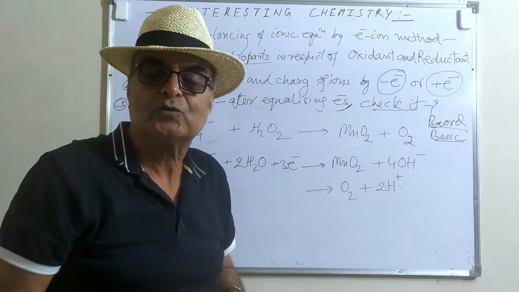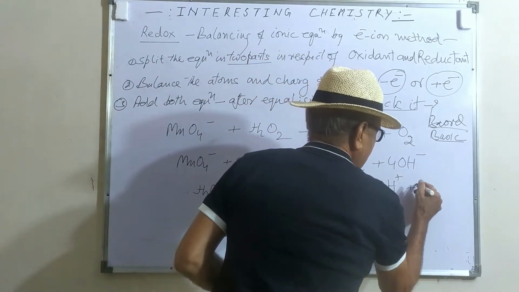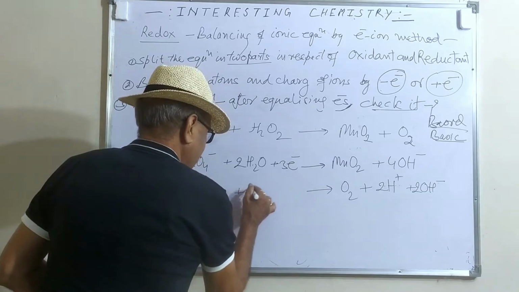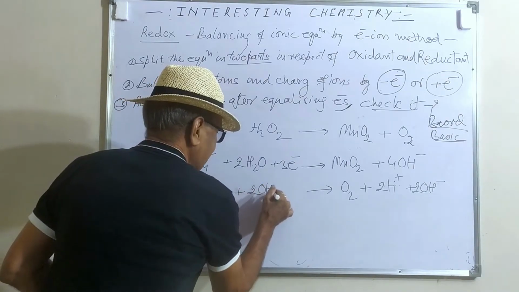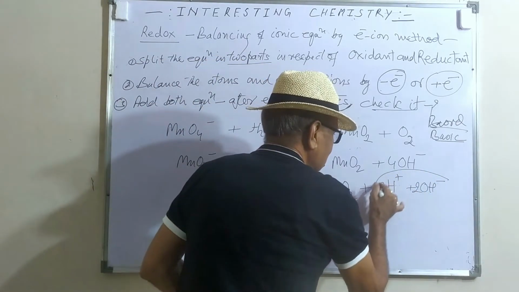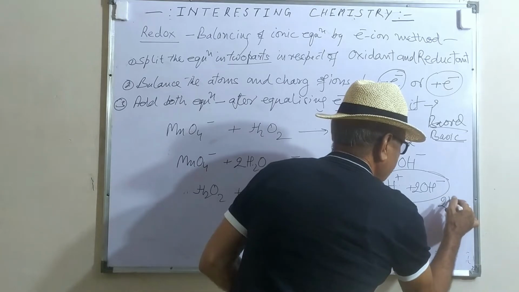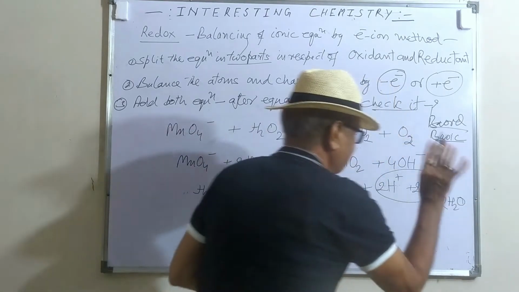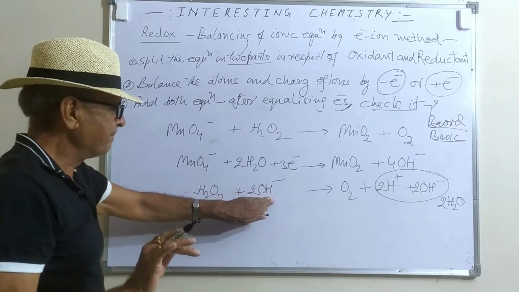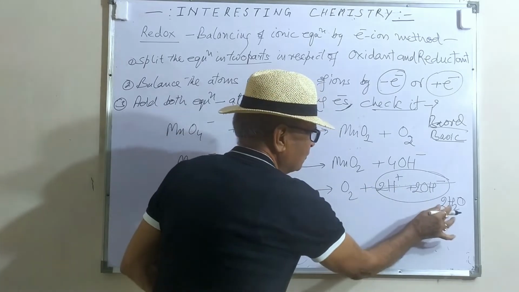So how will you do it? Again, add 2OH- on both sides. So this will be 2H2O, H2O2 plus 2OH- gives O2 plus 2H2O.